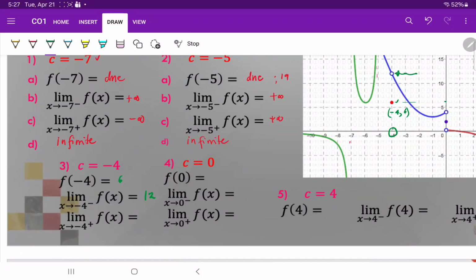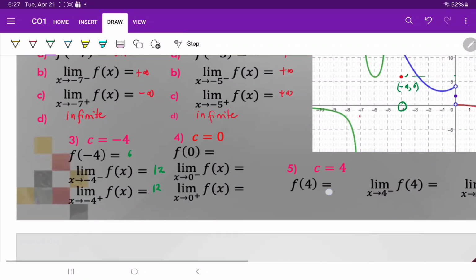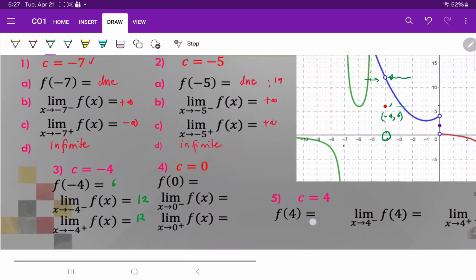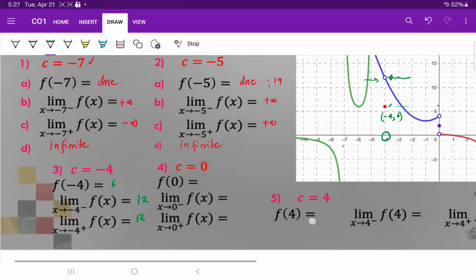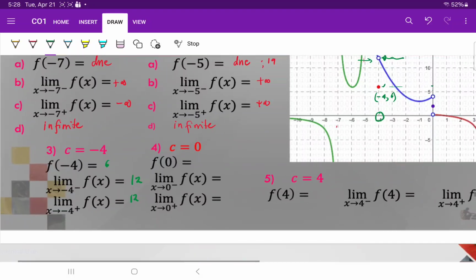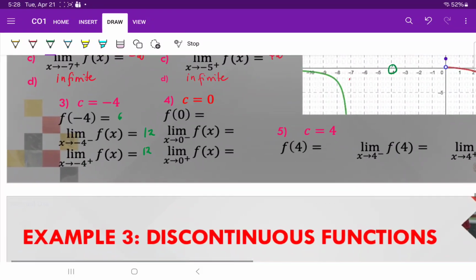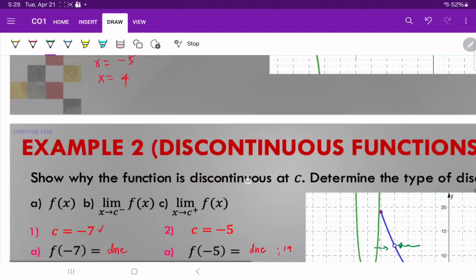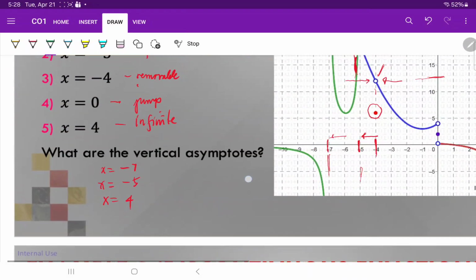Coming from the right, it's also 12. Alright? And our f of negative 4 is 6. So, how do we call this one? We call this jump discontinuity. Jump discontinuity. So, it's the same as what we identified here at negative 4.